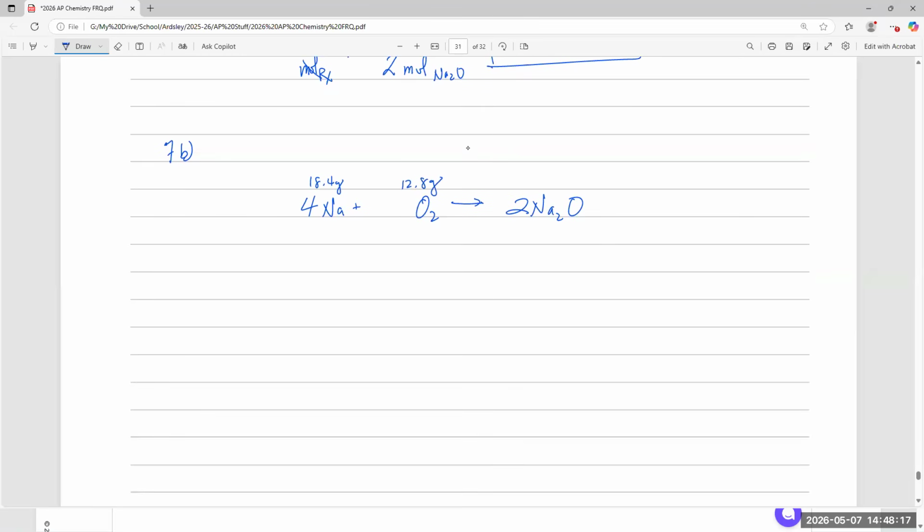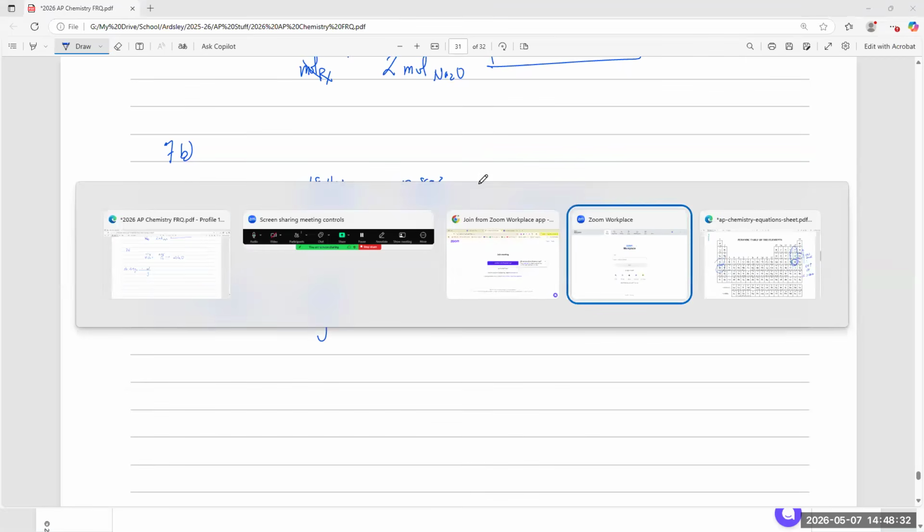So for sodium, it's 18.4 grams. I don't remember, it's been a year since I taught AP, so I don't know if it's 23 or 22.9988. I'm going to take a quick peek.